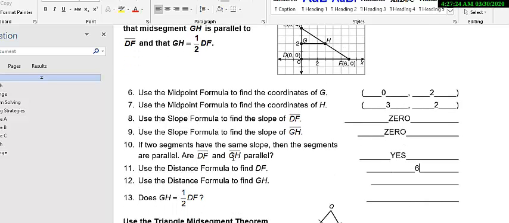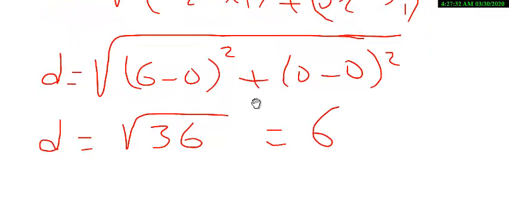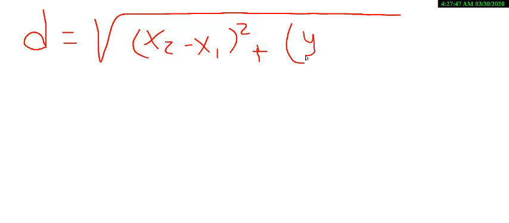Next question, which is question number 12, is the distance formula to find out the GH. So I have to use the distance formula again. So I'm going to move up a little bit. D will be, I'm going to write down the distance formula, D equals the square root of x2 minus x1 to the power of 2 plus y2 minus y1 to the power of 2.